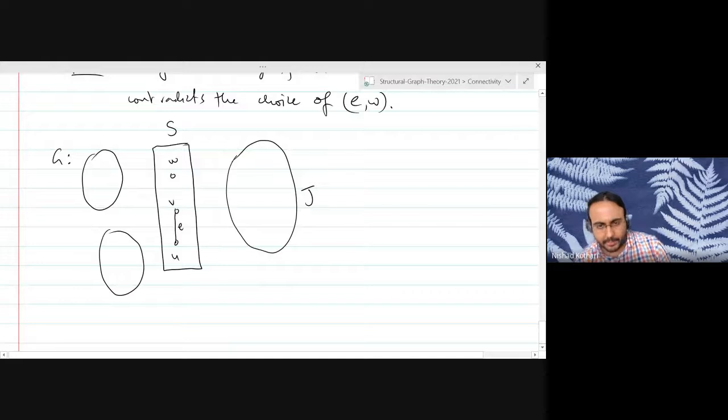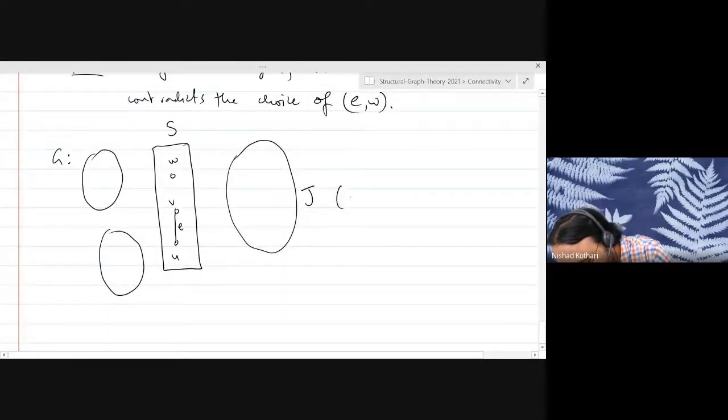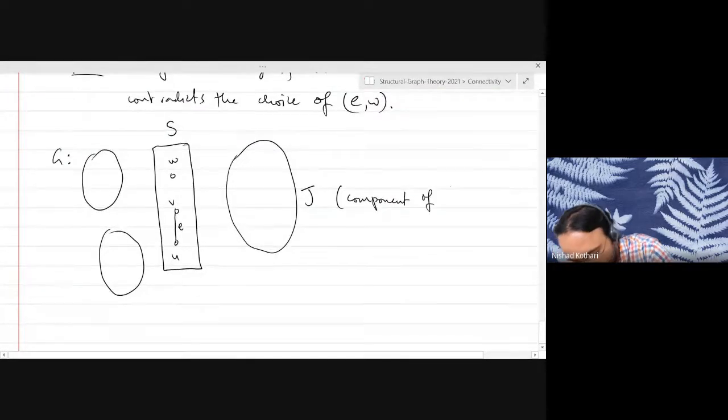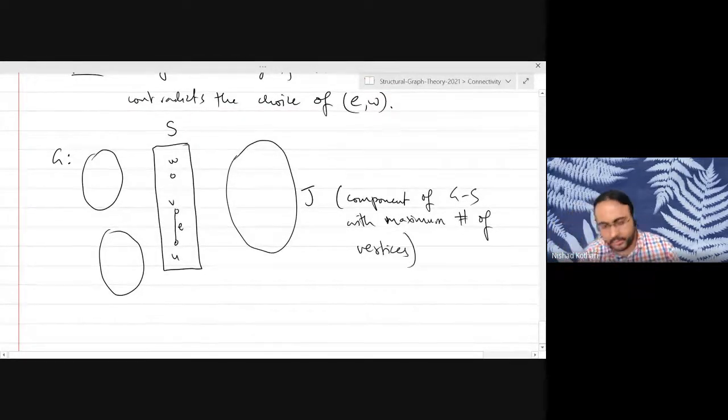There could be 5 components, I don't care. I have just drawn 3 here. So J is the component of G minus S with maximum number of vertices. If there is a tie, you choose any component you like.